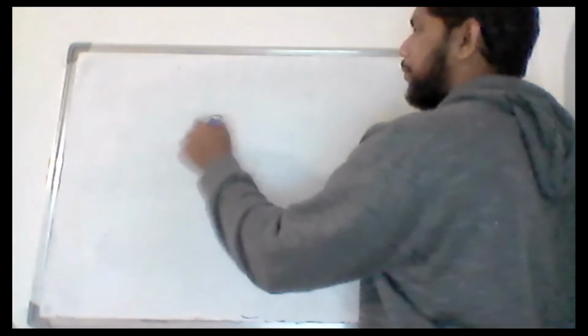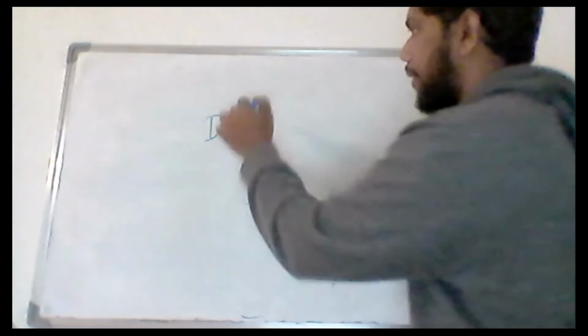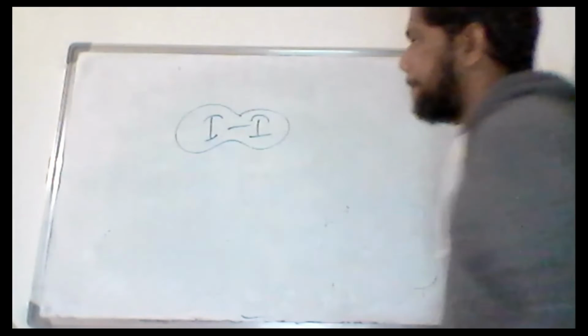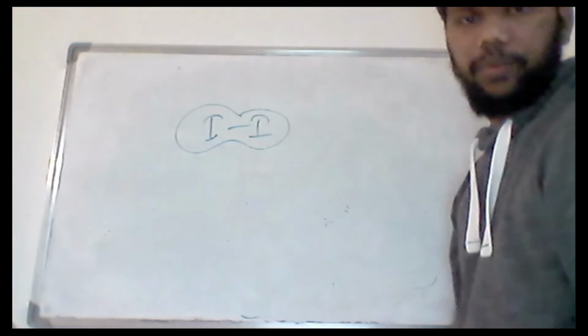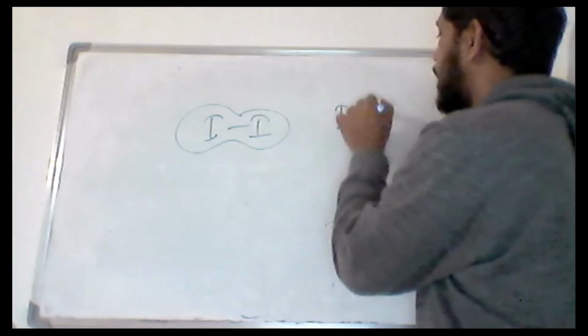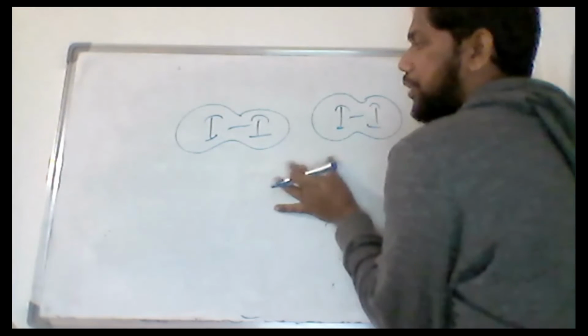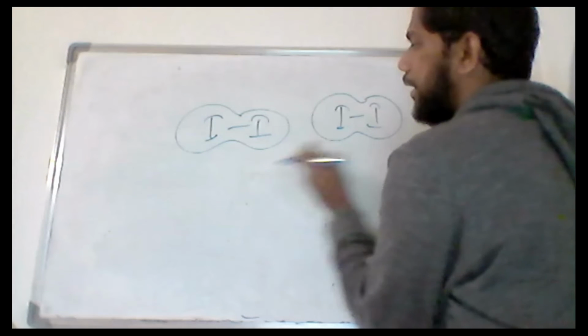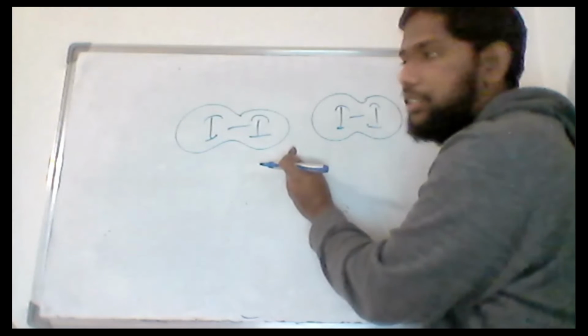For an example, I2. So I2, you can see there is no dipole moment. There cannot be a dipole moment. But remember, if you have another I2 molecule like this, when it comes closer, this electron cloud will have a more or less a repulsion.